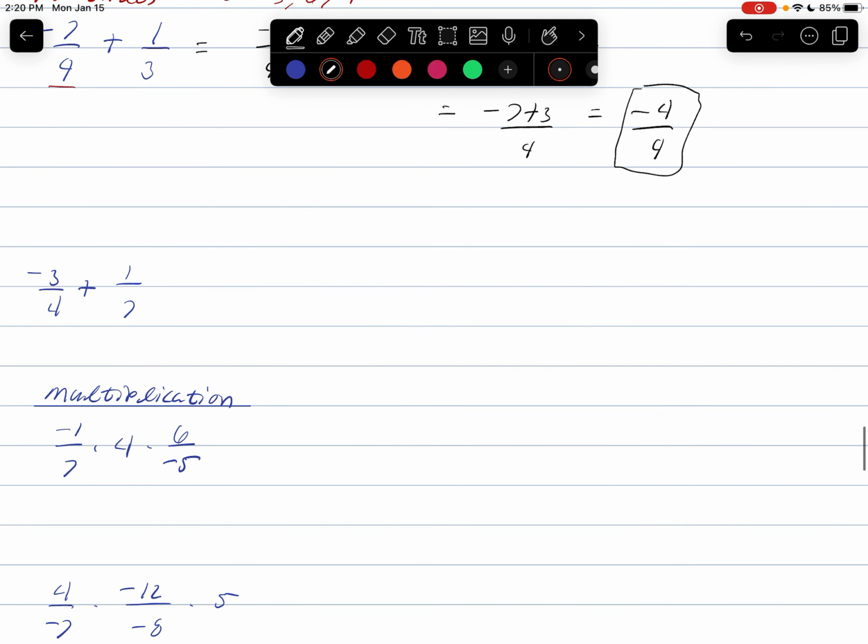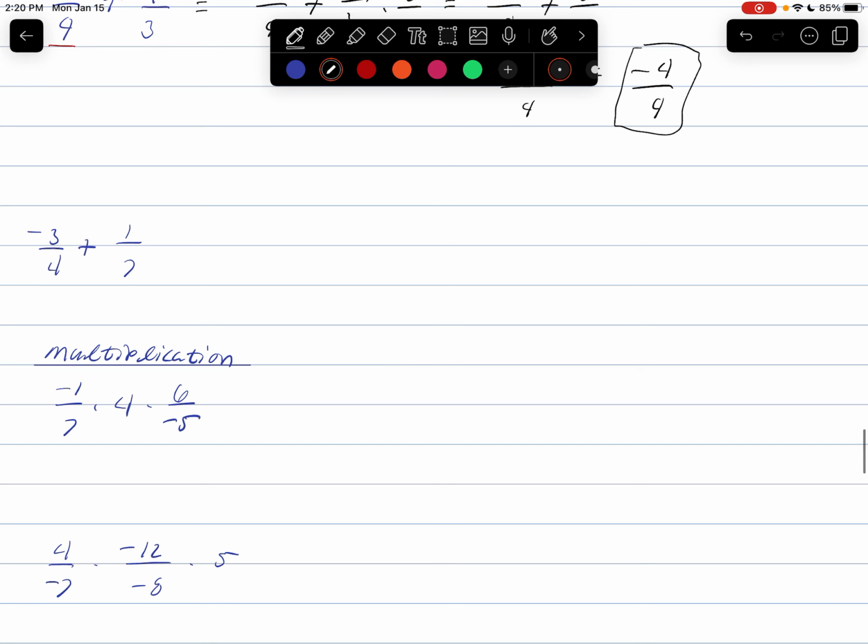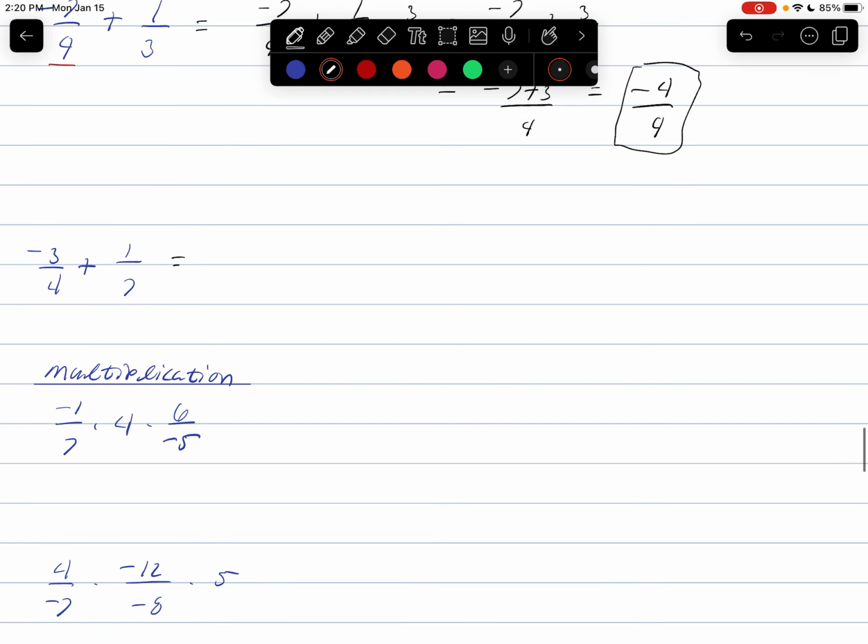Okay, now let's take a look at negative 3 over 4 plus 1 over 7. So in this case, since neither denominator is a multiple of the other, we can just go ahead and do our cross multiplication. So we can write this as 7 over 7 times negative 3/4 plus 1 over 7 times 4 over 4.